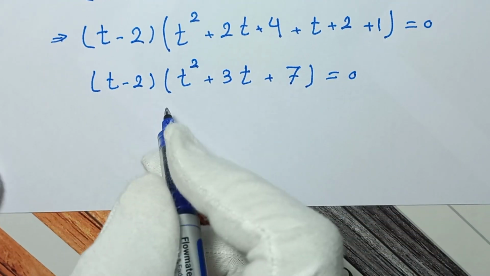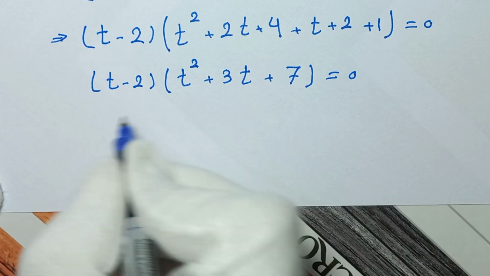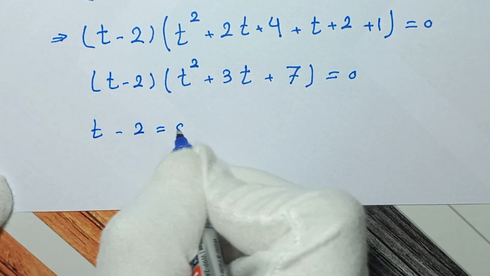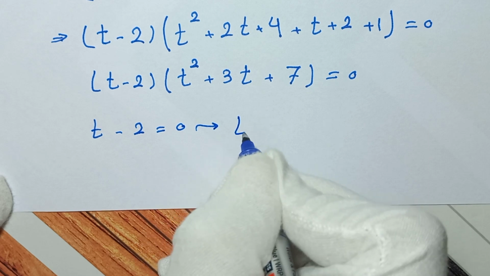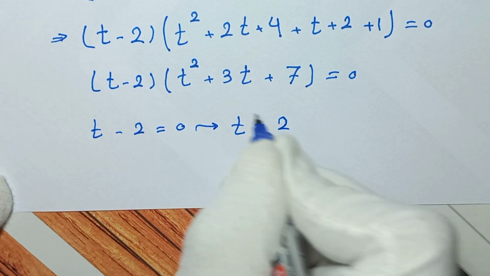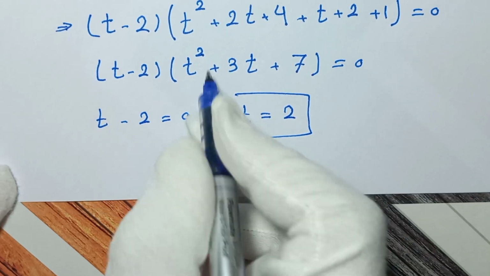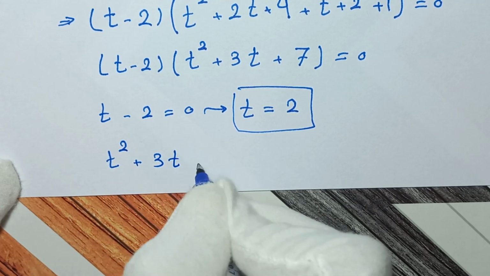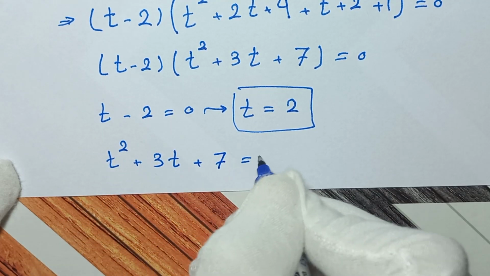So in here we have two solutions for t. T minus 2 is equal to 0, and from here t is equal to 2, or t squared plus 3t plus 7 is equal to 0.